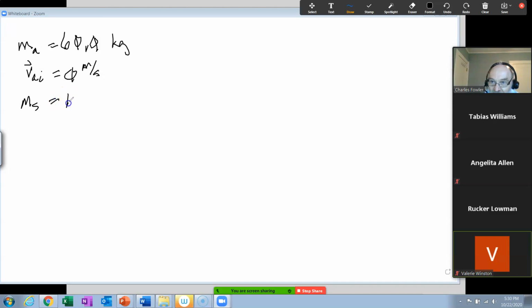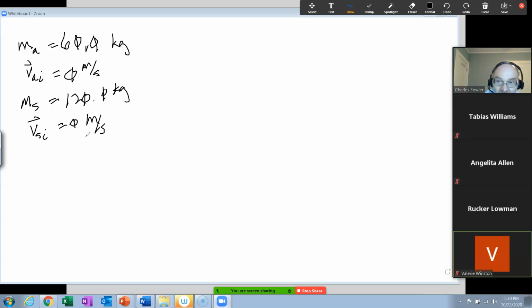Okay, that's 120, and I think they put 0.0 for some reason. Kilogram spacecraft. That is a mass unit. And it's also freely floating, so the initial velocity of the spacecraft is also 0 meters per second. Okay, as many decimal places as you want to.